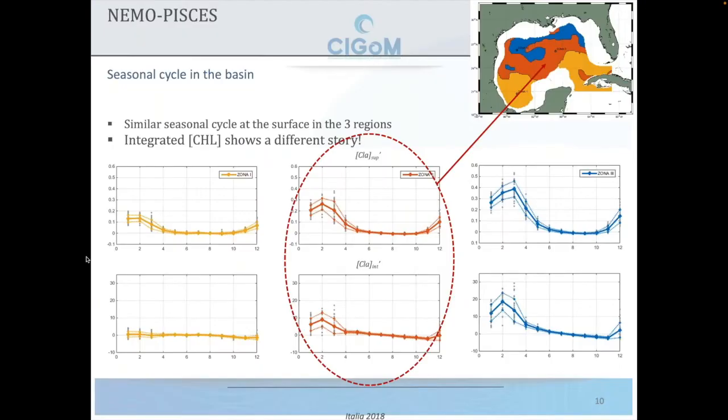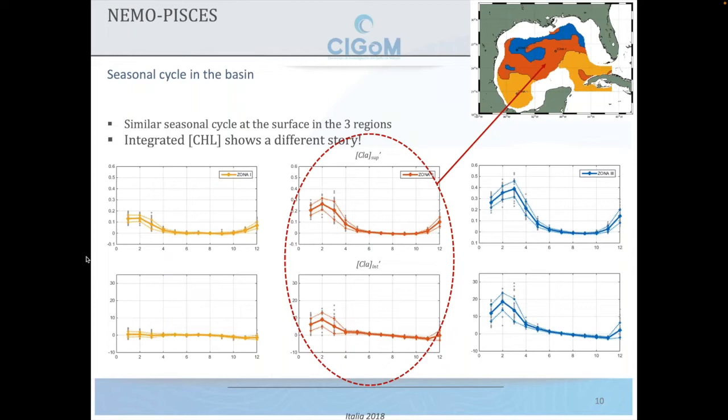So after tuning the model, we said, well, can we explain a little bit, or even go into a bit more detail, about what is happening with the distribution of chlorophyll in the surface and in the fully integrated content in the water column.